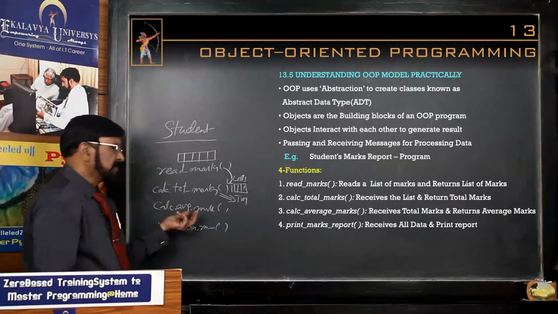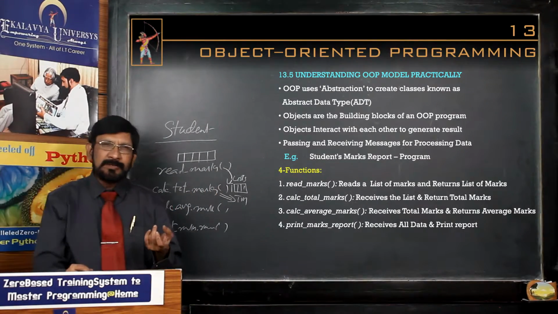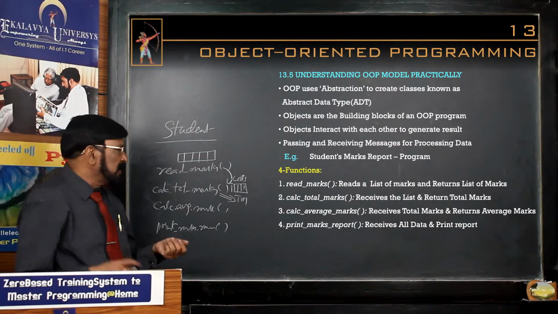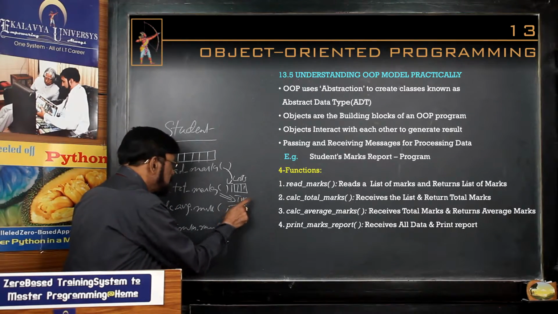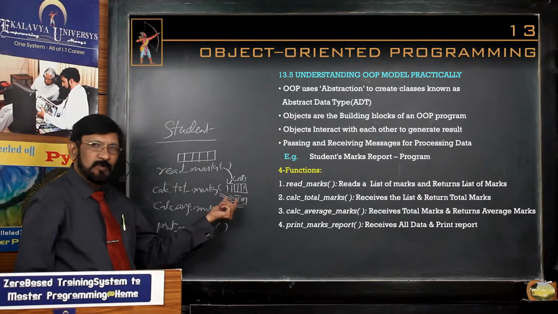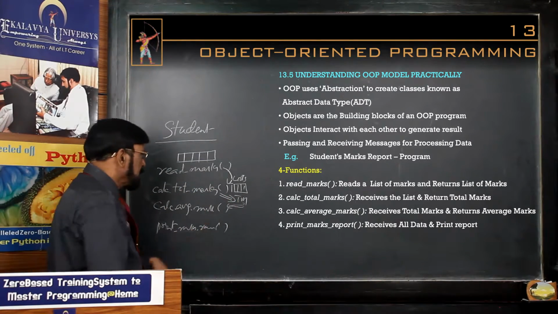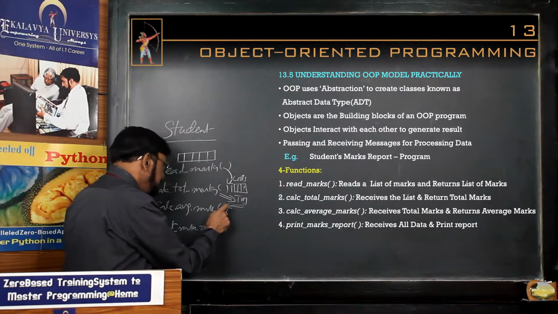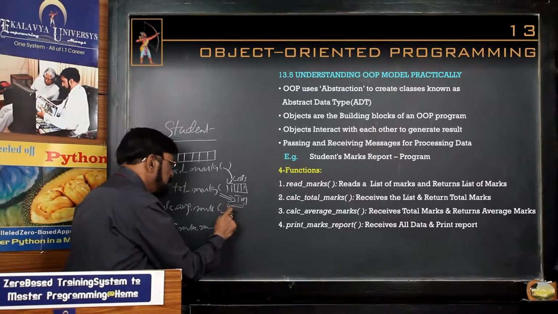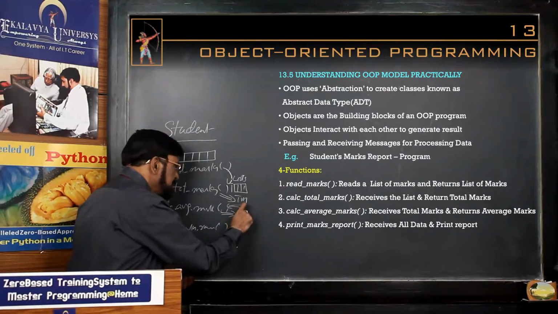Okay. Thereafter, the average marks function. What input does it require? It requires total marks as the input. It receives it. Then in turn it calculates the average marks, and it returns the average marks.